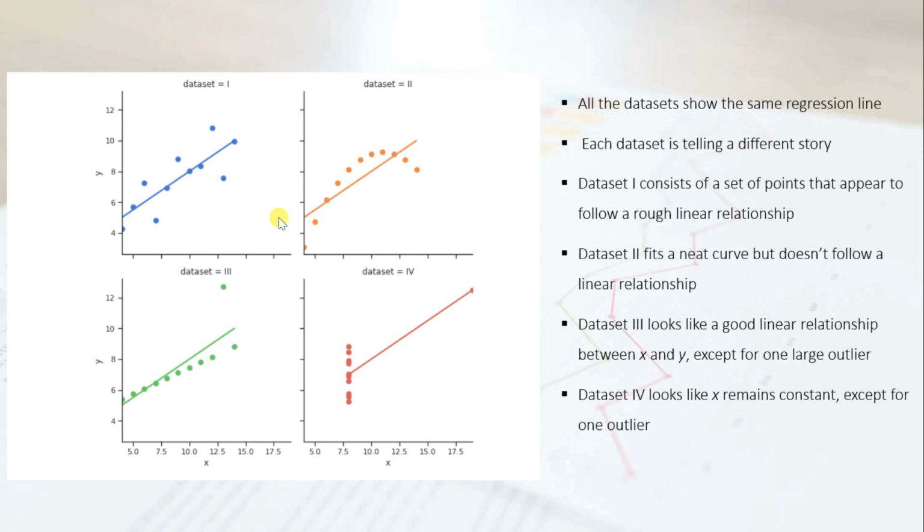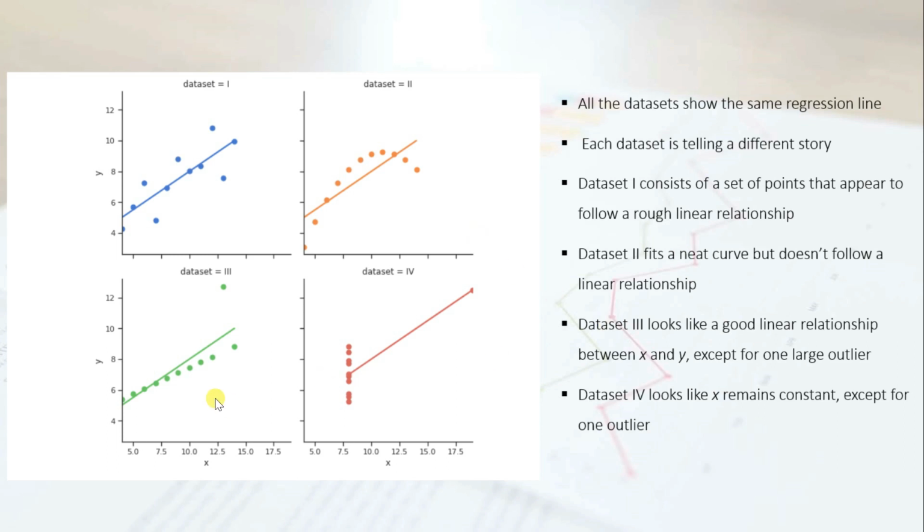Dataset 1 consists of a set of points that appear to follow a rough linear relationship. Dataset 2 follows a curve, but it does not follow a good linear relationship.